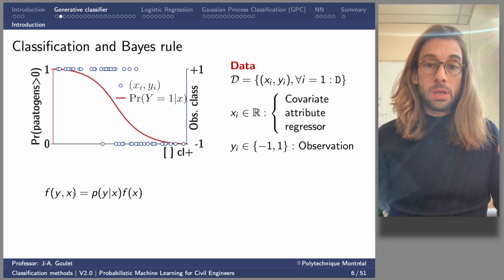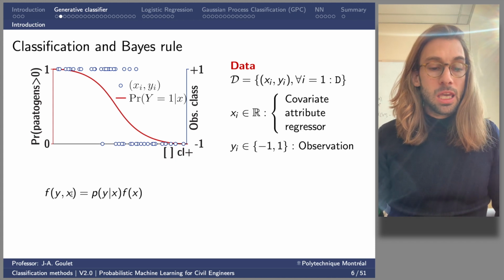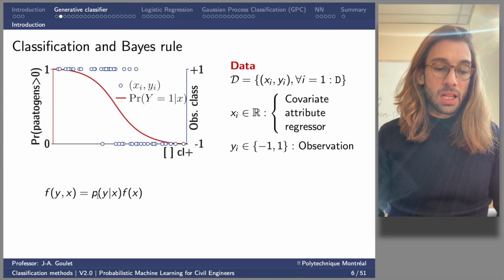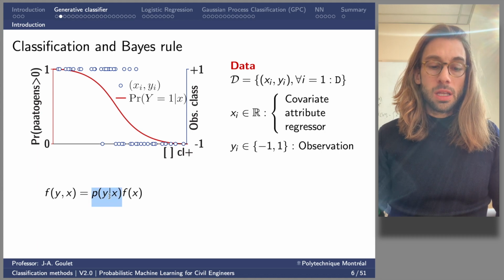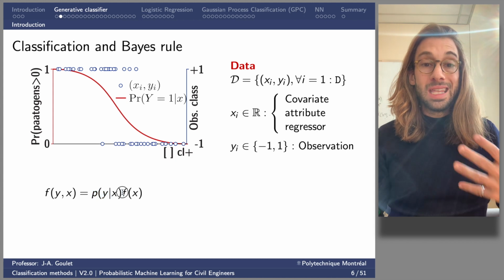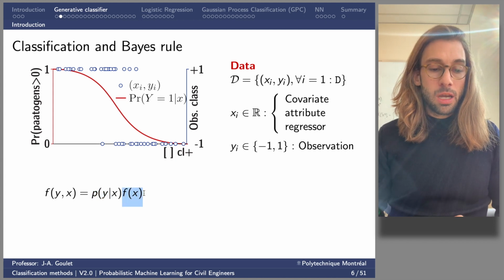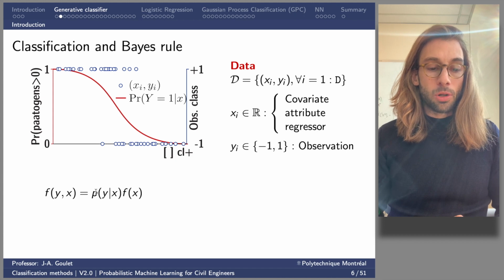This joint can be expressed in two ways: either by the conditional probability of a class given the covariate times the PDF describing the density of the covariate. Notice and remember, P is a probability mass function because y here is a discrete class, and f is a PDF because x is a continuous quantity.